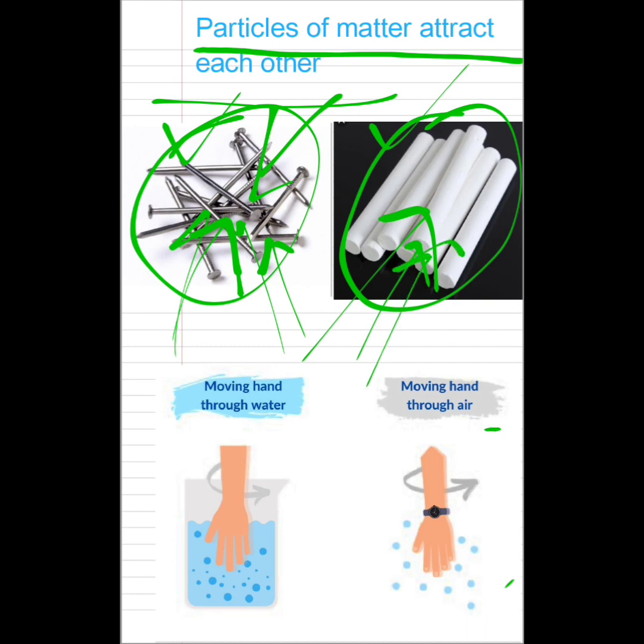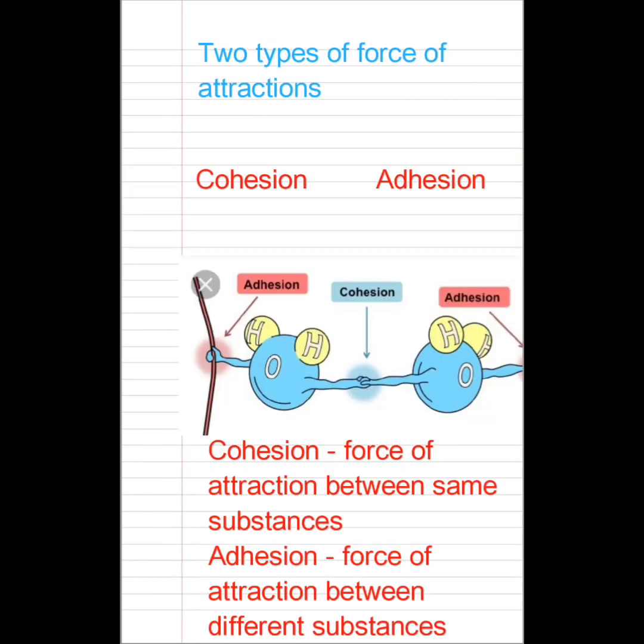Similarly, as you can see here, moving a hand through water and moving a hand through air. This is our common experience, because we can move our hand in air easily, but in case of water, the particles of water are held together more tightly compared to air. That's why we face a little difficulty in moving our hand inside water.